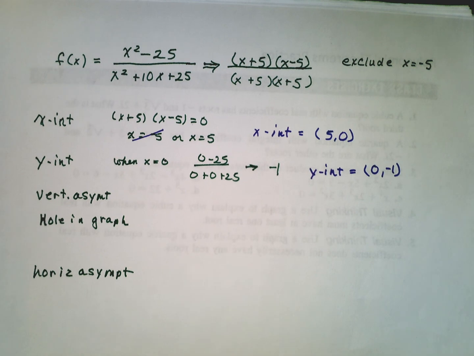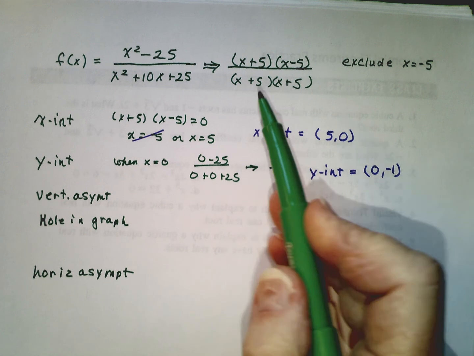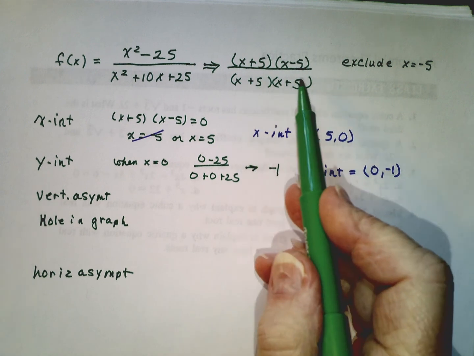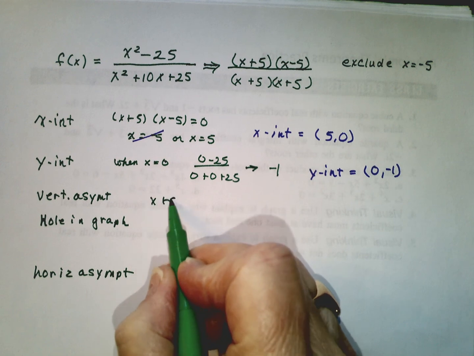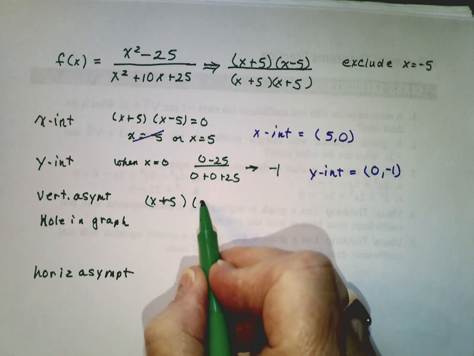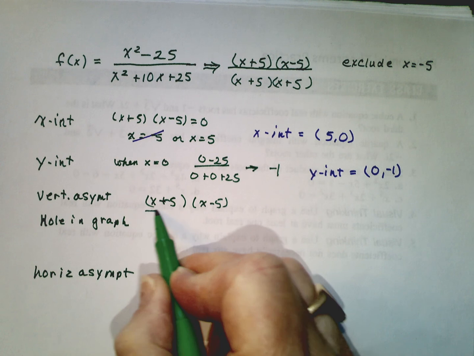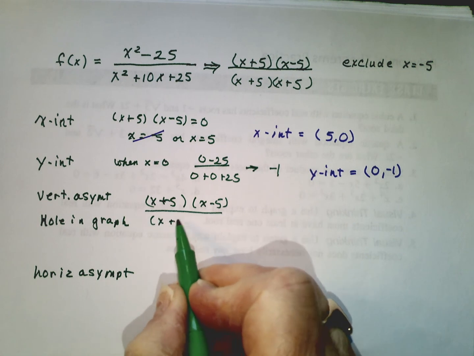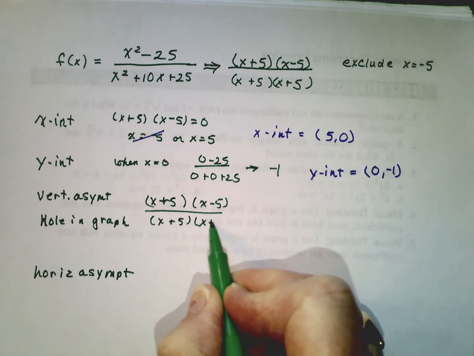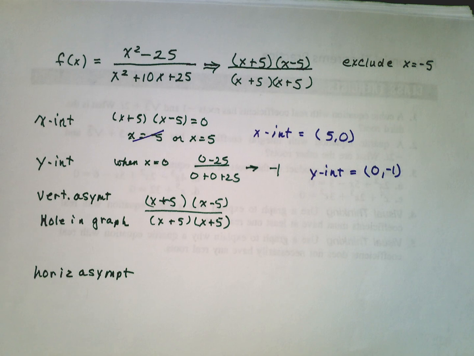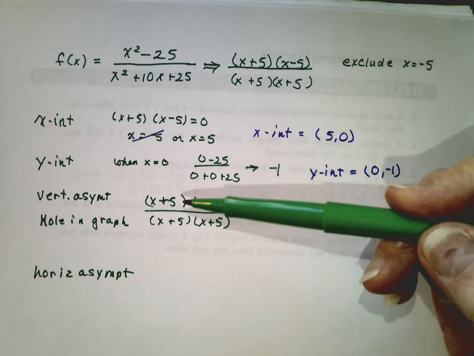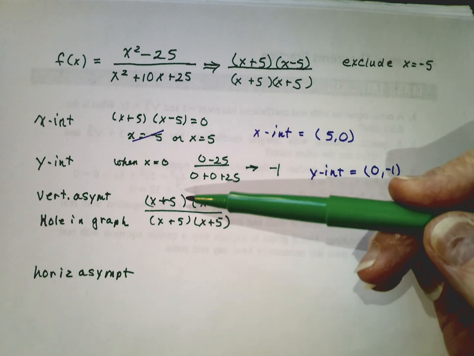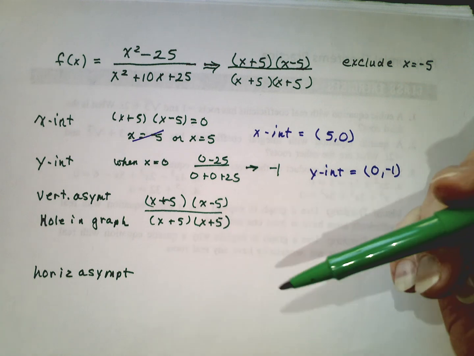Okay, moving on. Vertical asymptotes, holes in the graph. We're going to worry about the denominator here. I'm just going to recopy the factored form. Now, if the factor that makes the denominator equal 0 cancels out, that usually means there's a hole in the graph.